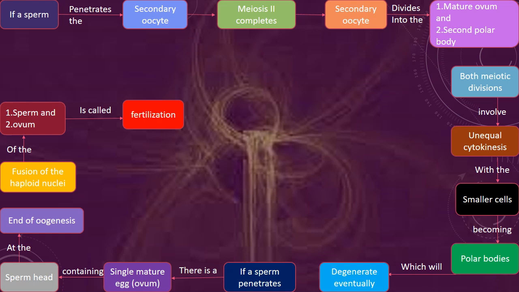If a sperm penetrates, there is a single mature egg, the ovum, containing the sperm head at the end of oogenesis. Fusion of the haploid nuclei of the sperm and ovum is called fertilization.